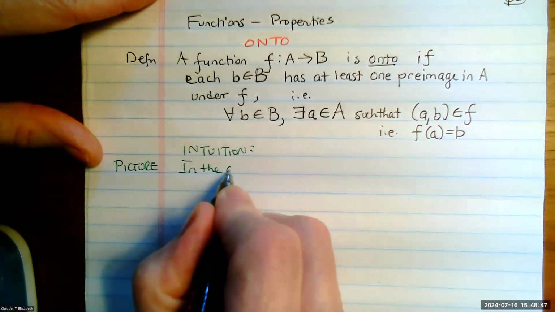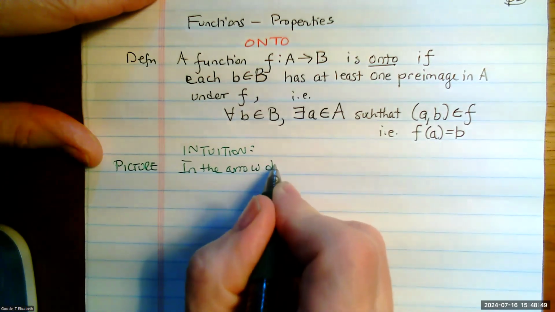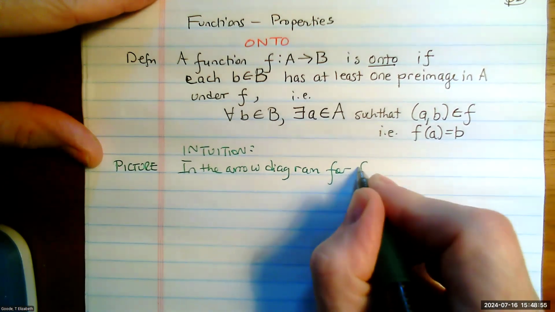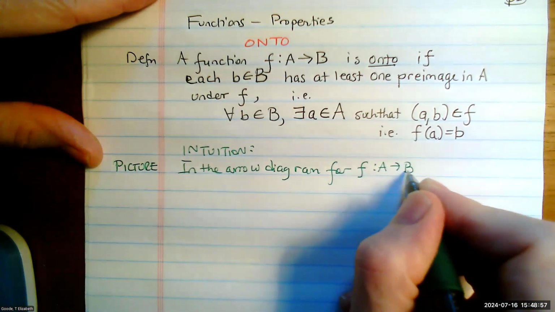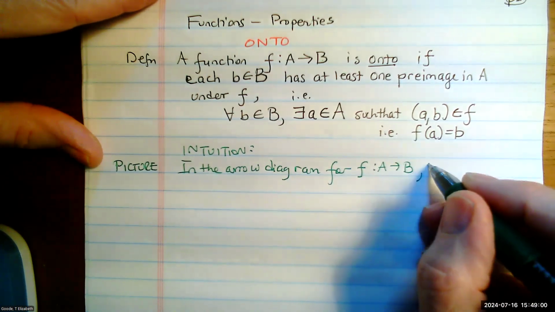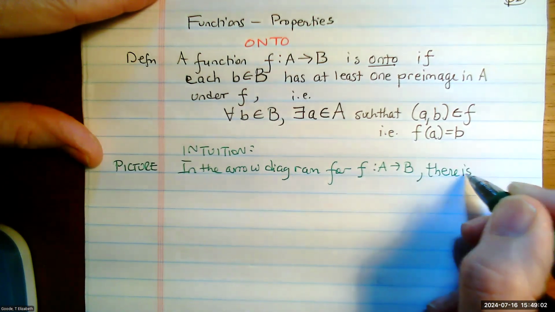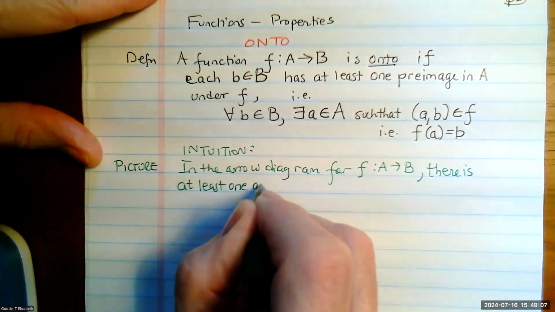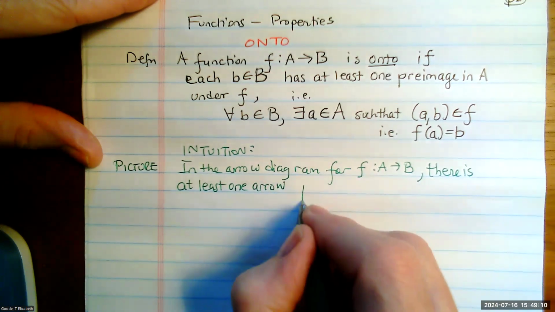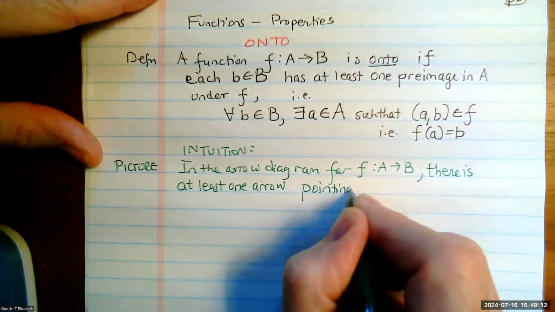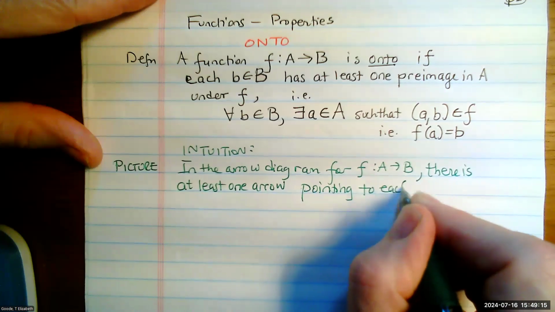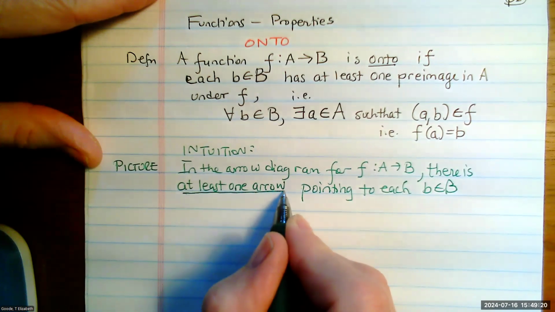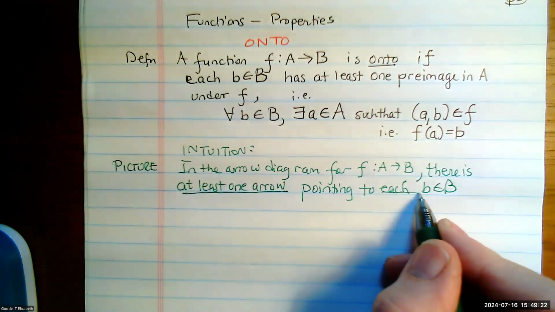In the arrow diagram for F, there is at least one arrow pointing to each element little b in the codomain B. So we need at least one arrow pointing to each b.